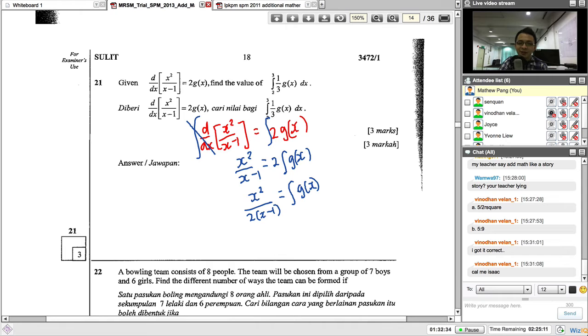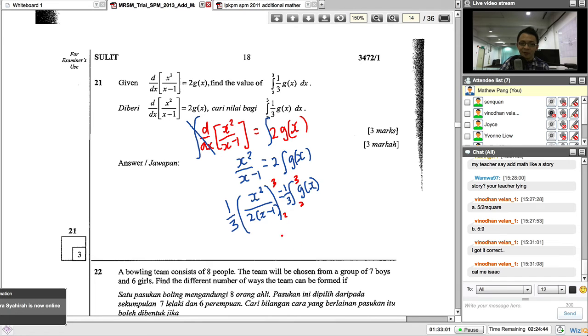Then I don't yet have the answer because it's 1 over 3, so I multiply 1 over 3 on both sides. Now I roughly have something like this, and then I have to add the limit. My limit is what? 2 to 3, right? So 2 to 3, 2 to 3.